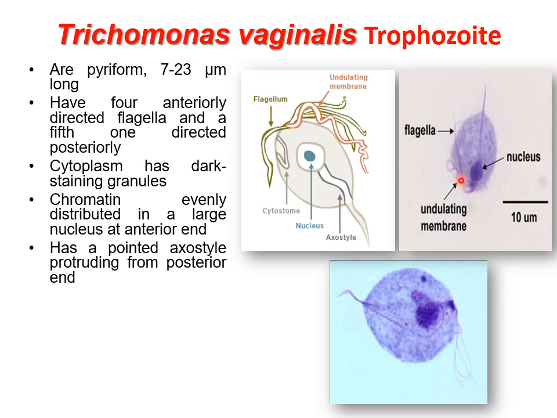So when we look at a trophozoite of Trichomonas vaginalis in preparations, we can see the nucleus, which is one nucleus, the axostyle, the four anterior flagella, and a short fifth one located at the posterior side.